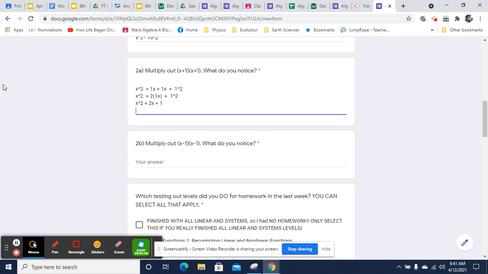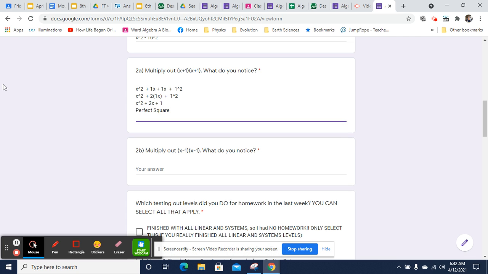There's a symmetry to it. This is known as a perfect square special case, and this is very important for what we'll be doing going forward over the next several years in your math career. It's a perfect square, and it's really important to notice what it is.